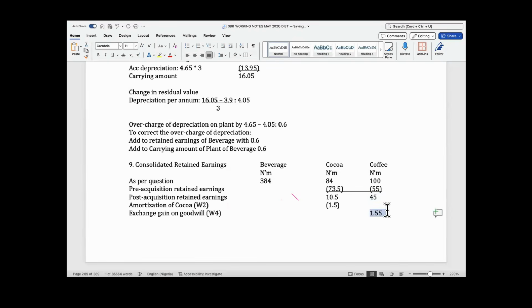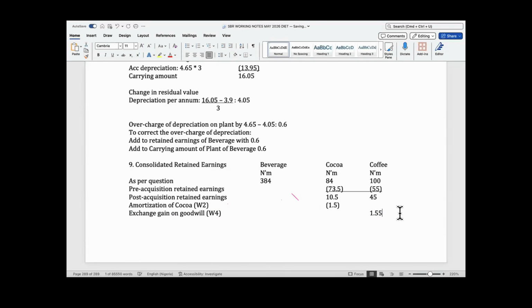A more difficult way is to do 52% of 1.55 for the parent, and then 48% when I get to NCI. That's difficult, so I just put it here. Automatically they will share it once. I don't want to do that separately.